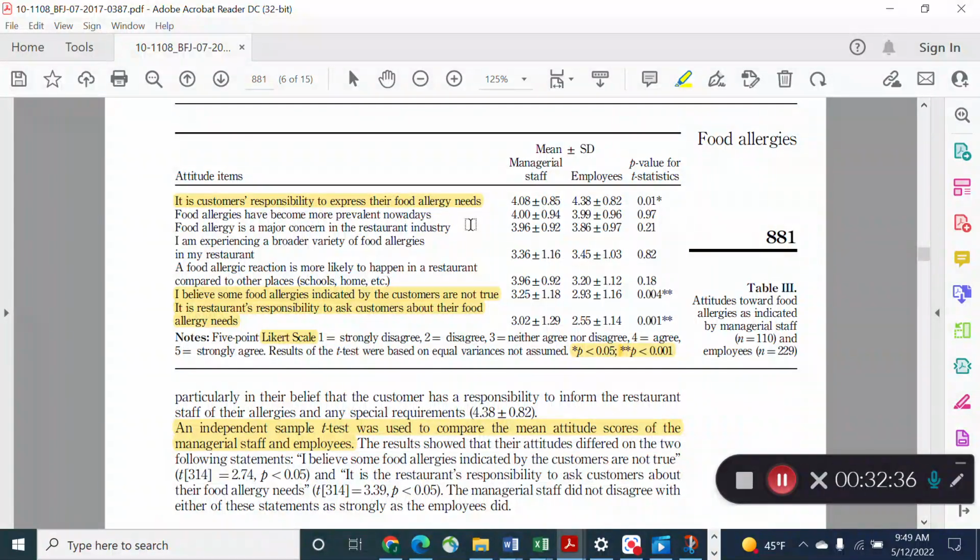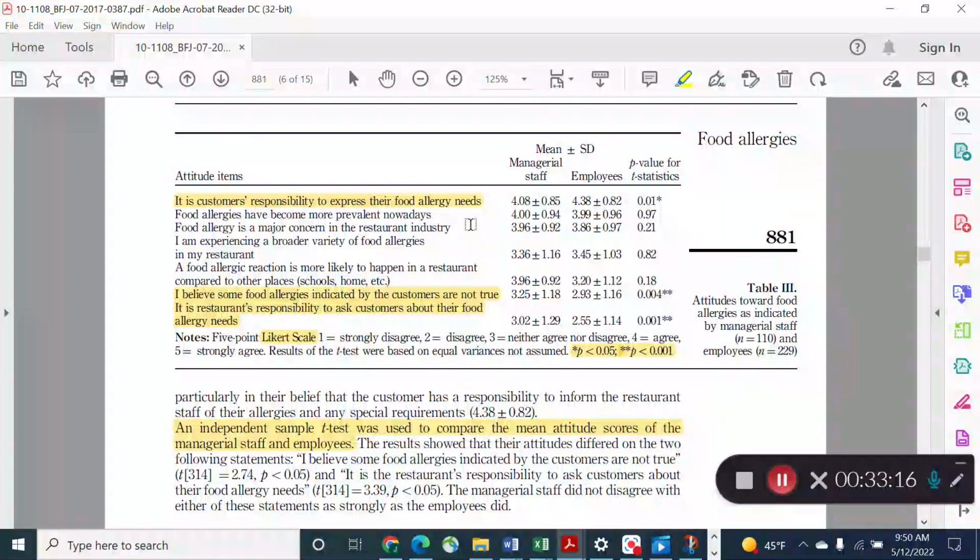The null hypothesis would have been there is no difference in attitude toward customers expressing their food allergy between managers and employees. So the dependent variable there was the actual attitude of each of these.